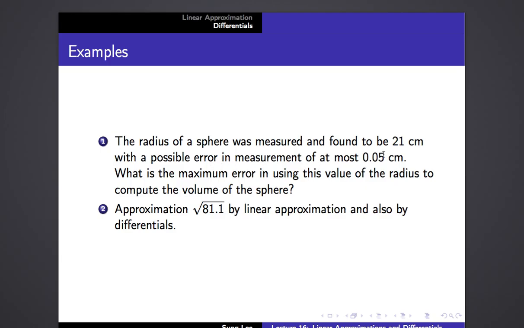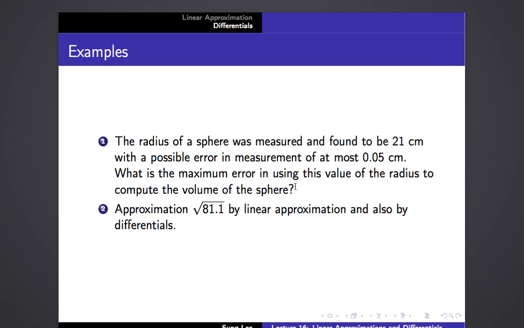So error is something we have to live with, right? But often, for certain practical purposes, we have to give an error bound, so that the error is at most a certain quantity, like in this case at most 0.05 centimeters.